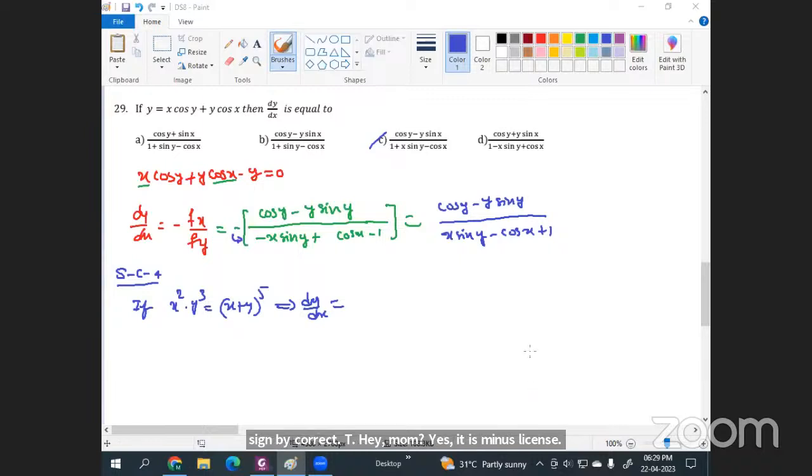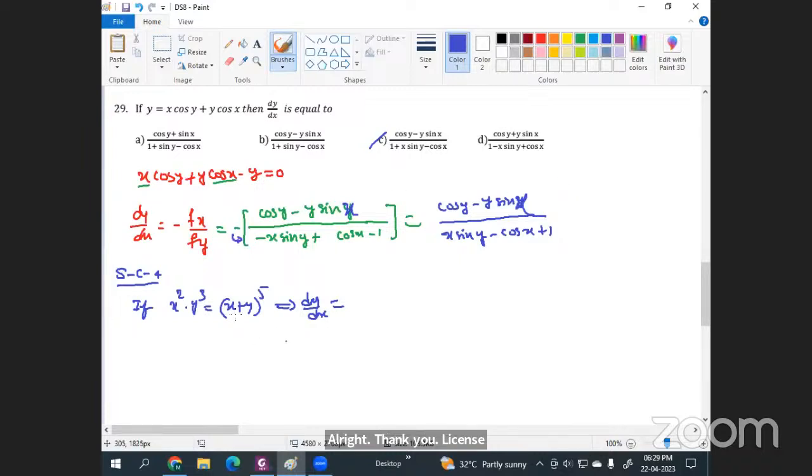Numerator is y sin x. Why y sin x? Here sin x is there, no? Y cos x, when you are differentiating, yes, you are right. With respect to x, so this is x. Sorry. Right, thank you. Y sin x.